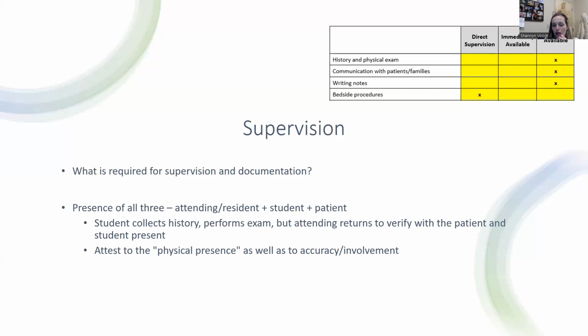So this could be either you or a resident with the student and the patient. All three at some point have to be in the room. So you can't have the student see the patient, do all the work, come out, and then you send them on to the next patient and you go in by yourself and check things out with the patient. You have to all three be there to really say that you were physically present. So that is kind of important.